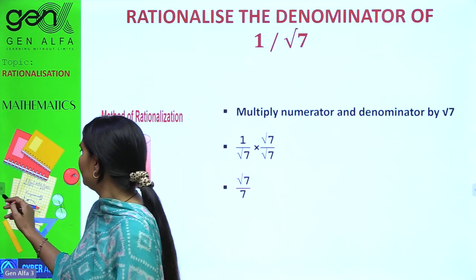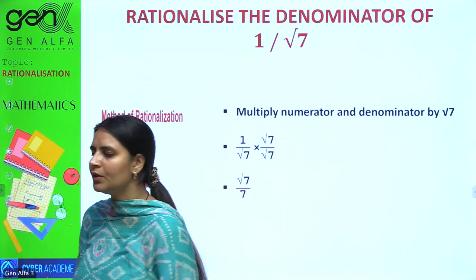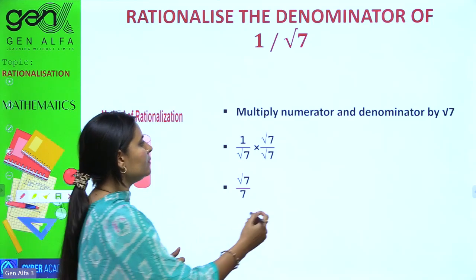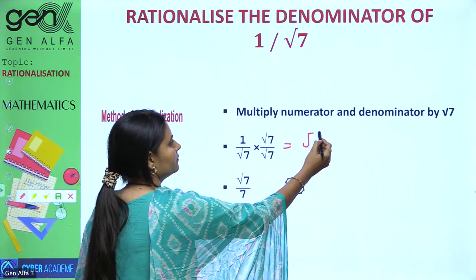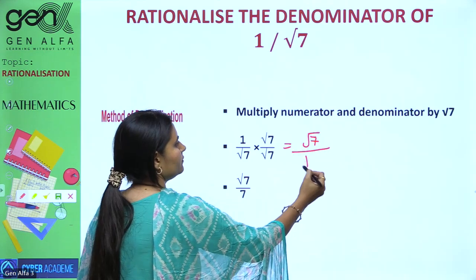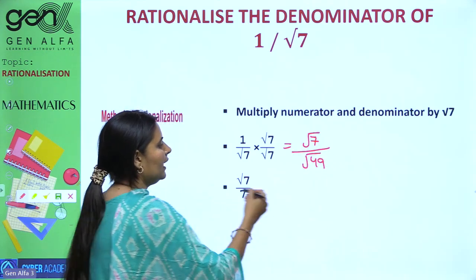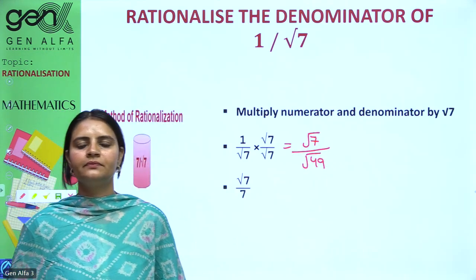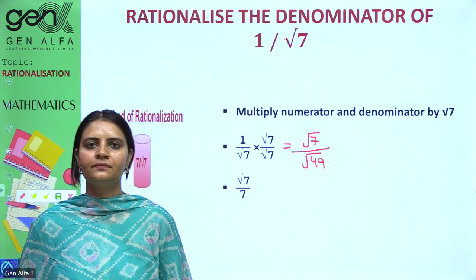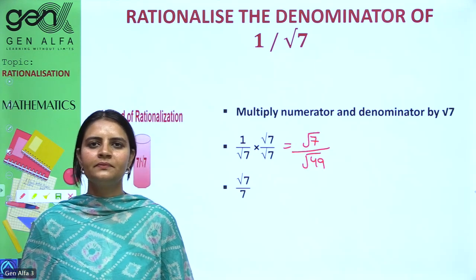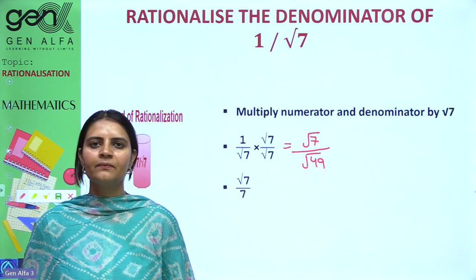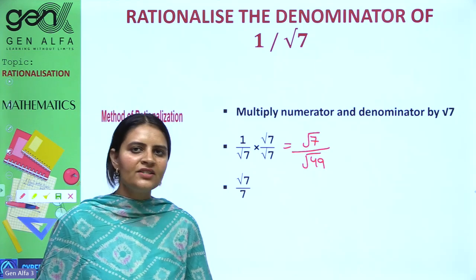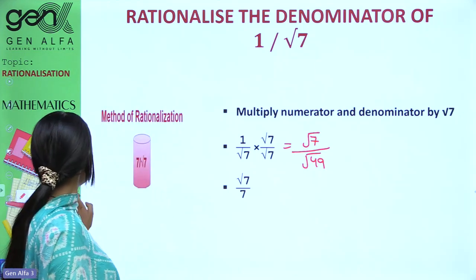Let me just write the step. You can write in detail also. Ultimately, that is the answer. Was it easy? Can you do that? It's very easy to perform with a single term.